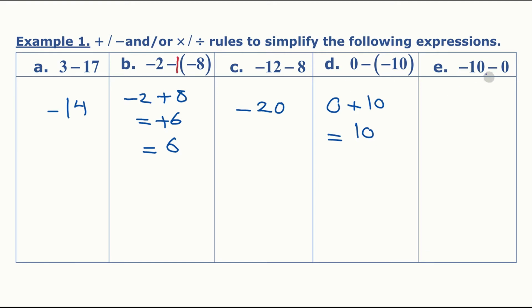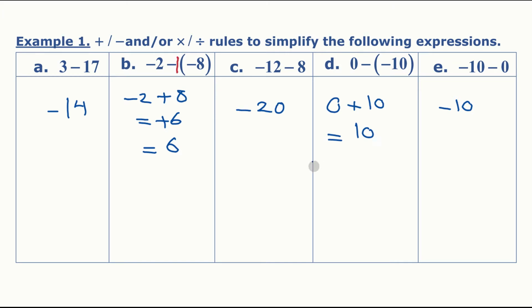So here we have negative 10 minus 0, right? And that just gives us negative 10. Notice that 0 minus negative 10 and negative 10 minus 0 don't give us the same outcome.